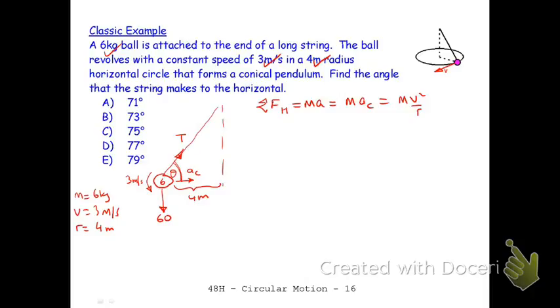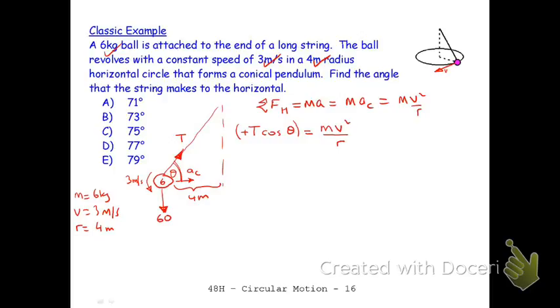I don't know what the horizontal component of tension is, but I know it's T cosine theta. There's two forces. There's my T and there's the 60. The 60 has absolutely no component horizontally, yeah? But the T does. So let's resolve that horizontally. T cosine theta is equal to mv squared over r.